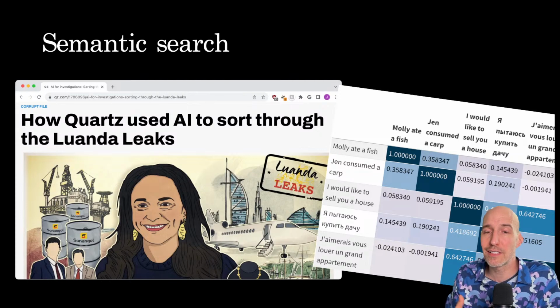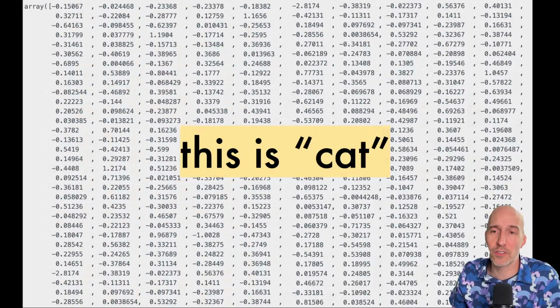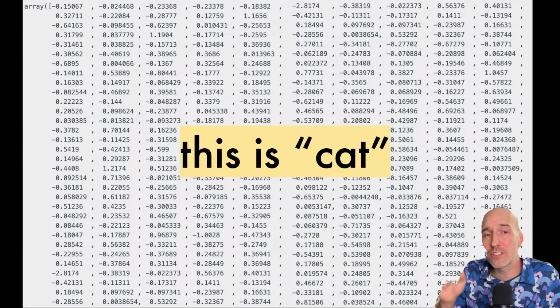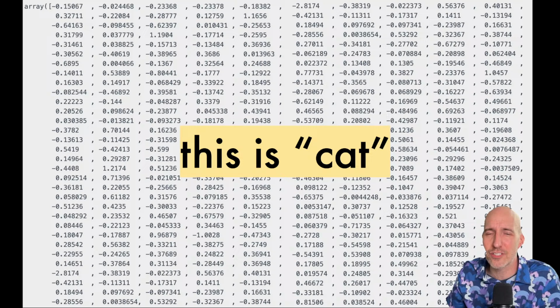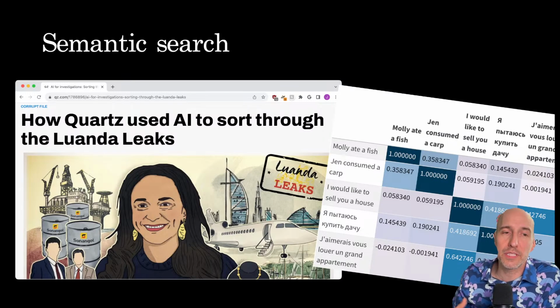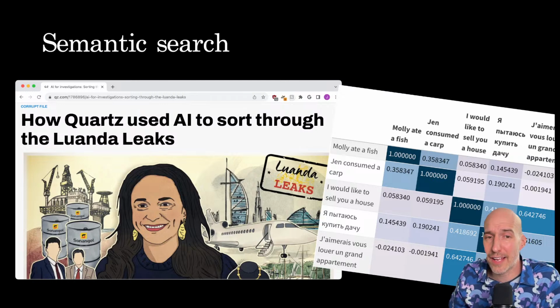What that means is, if you can do this text embeddings thing where you convert things to numbers, and you're talking about the word cat in English and the word cat in Russian and the word cat in Japanese, they all end up in the same kind of similar area, just because of how language ends up working. And so you end up being able to search by vibes.